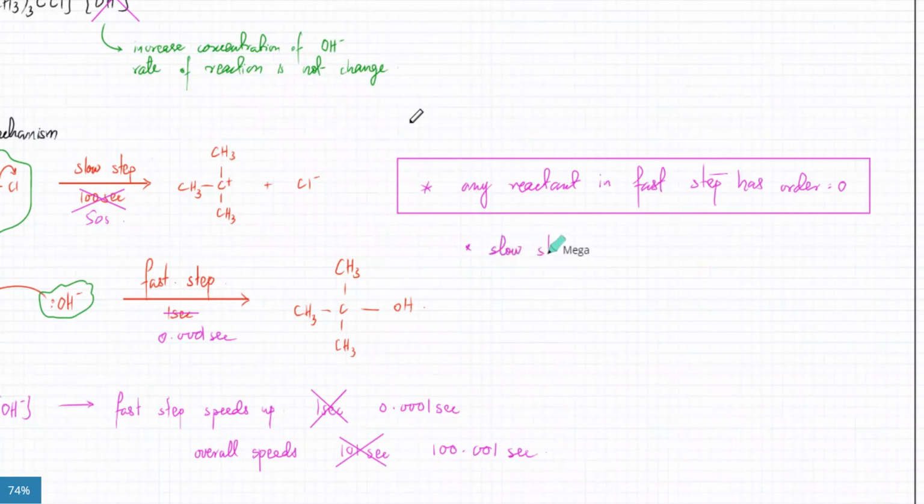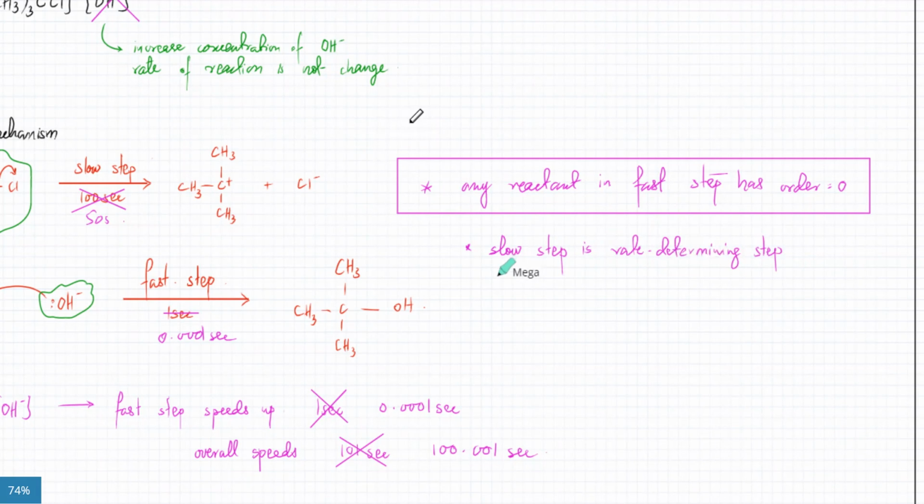So slow step is known as the rate determining step. So that's known as your rate determining step.